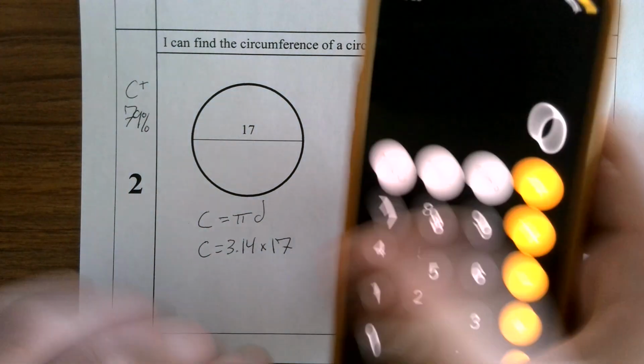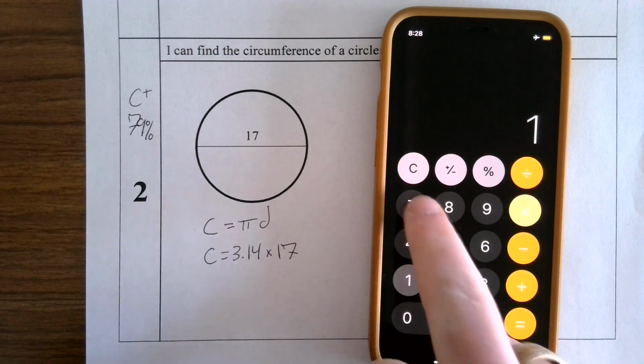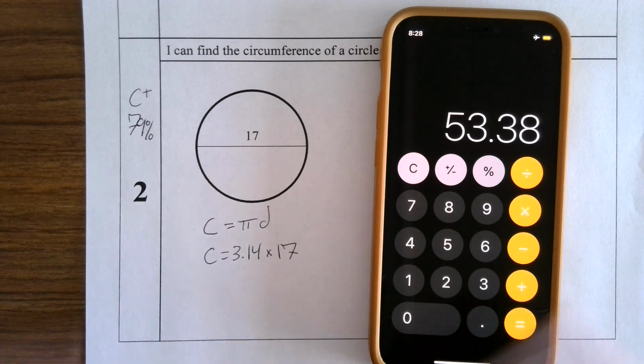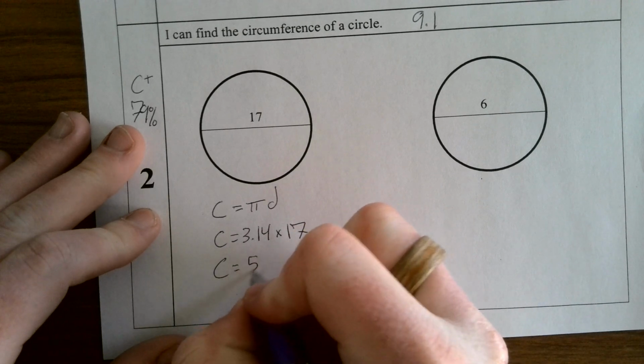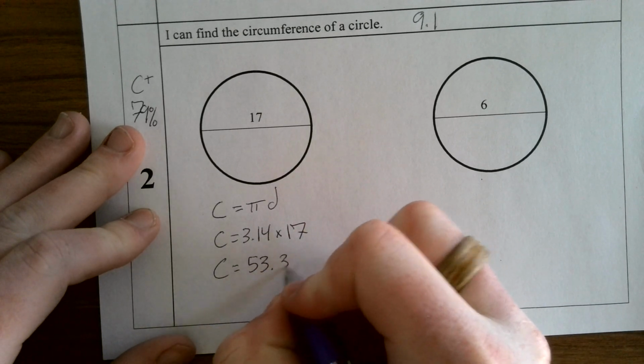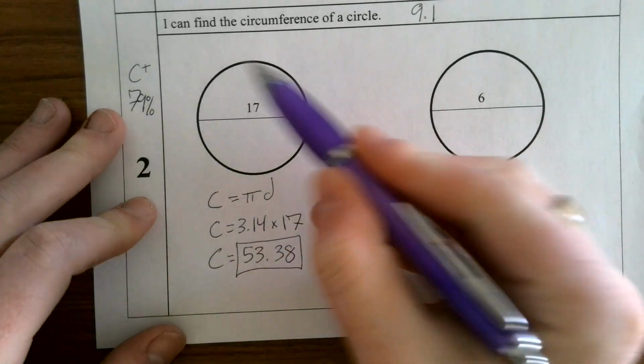There we go. 3.14 times 17 gives us 53.38. So that is your circumference for this first circle.